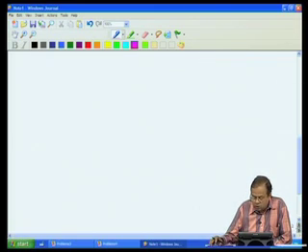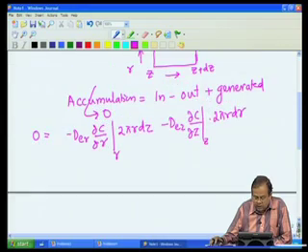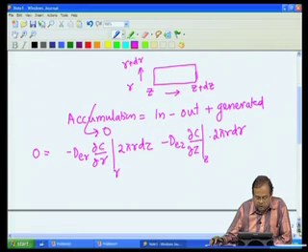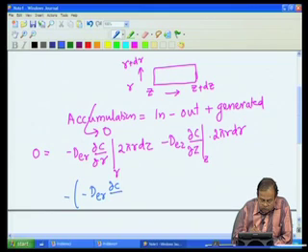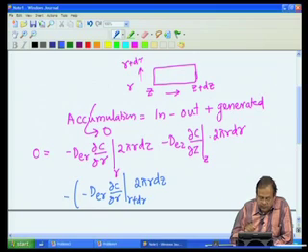Now, what is going out at r plus dr and at z plus dz? What is going out will be a similar term. So, minus, because it is in minus out, so minus D_r dou C by dou r at r plus dr, area 2 pi r dz.